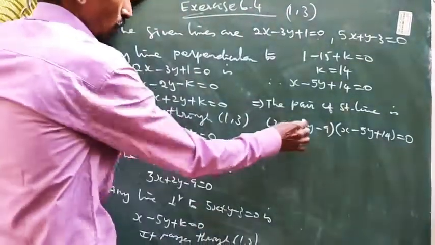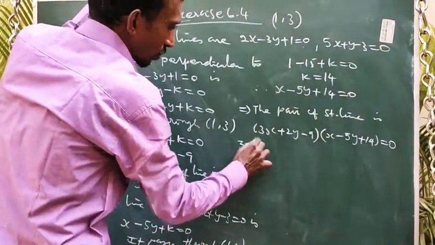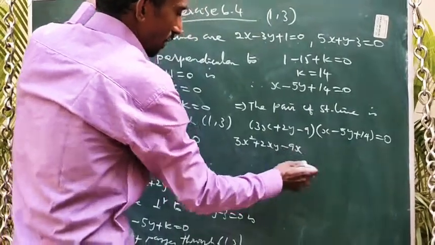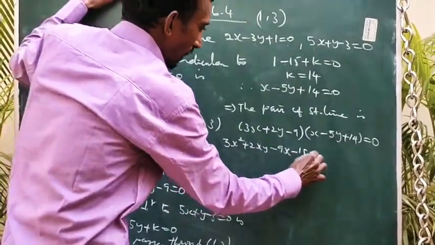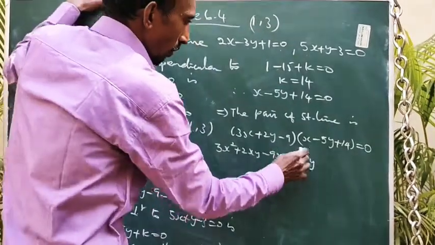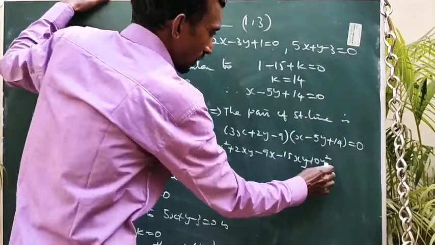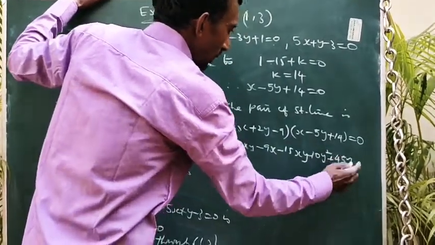So multiply one by one. First with the x: 3x square plus 2xy minus 9x. Then with the y: minus 15xy, minus 10y square, plus 45y.